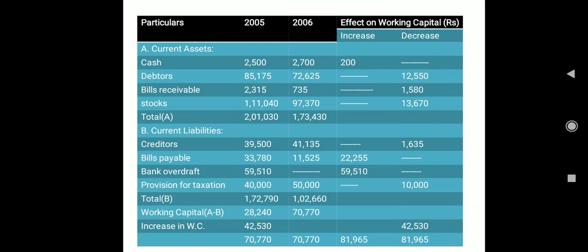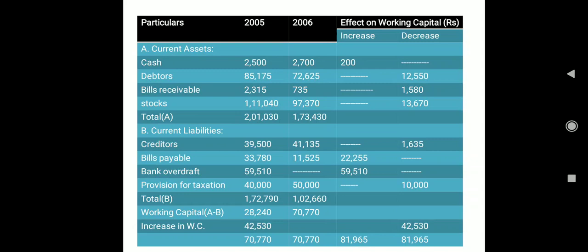Fine. And then we have to calculate working capital. The working capital formula, as we saw in the last class, is current asset minus current liability. Here A we have denoted as current asset, and B as current liability. So I have written here A minus B. For 2005, A minus B is 2,01,030 minus 1,72,790, and we get working capital of 28,240.